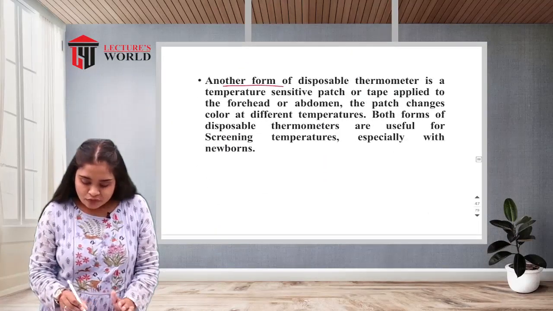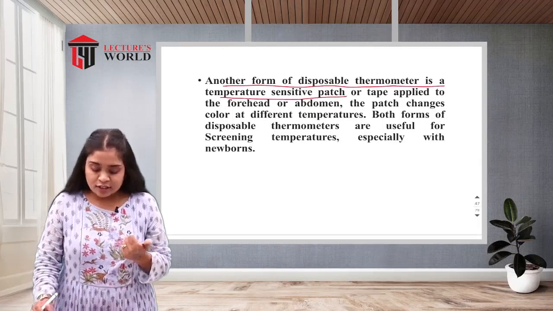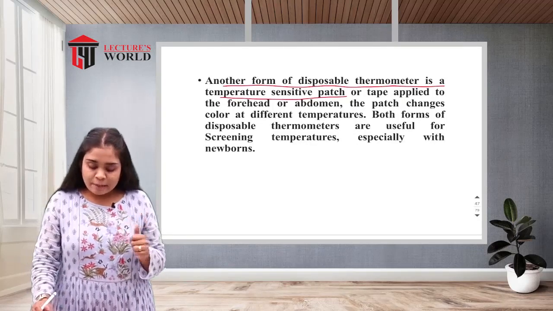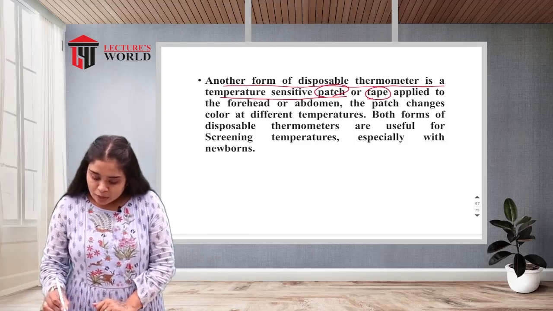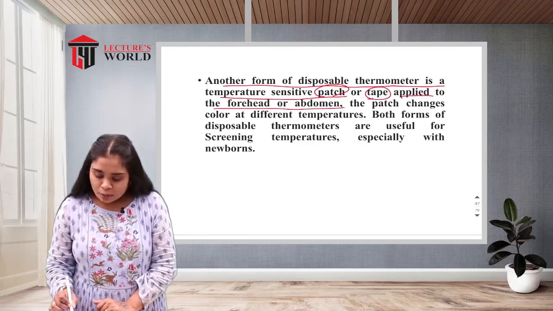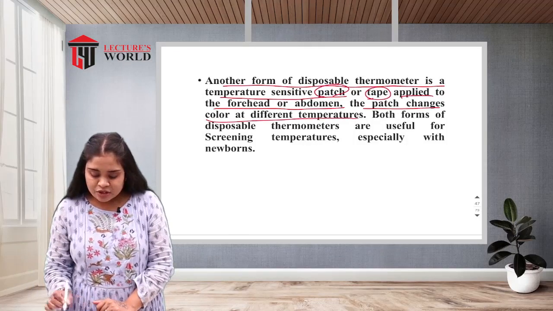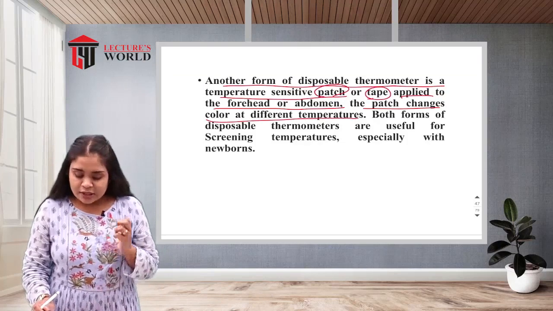Another form of the disposable thermometer is a temperature sensitive patch. Another form we can say is the temperature sensitive patch, or else you can say the tape, applied to the forehead or the abdomen, and the patch changes color at different temperatures.